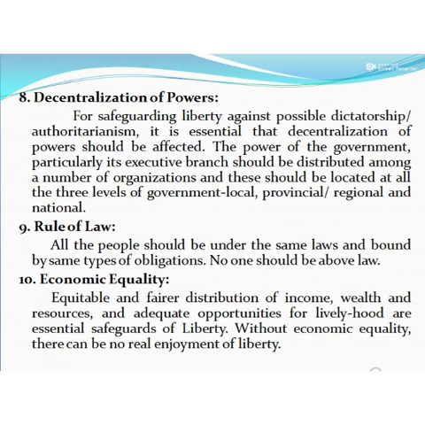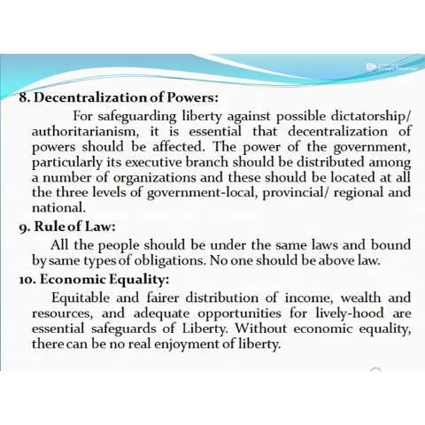Eighthly, decentralization of power. For safeguarding liberty against a possible dictatorship or authoritarianism, it is essential that decentralization of power should be effected. The power of the government, particularly its executive branch, should be distributed among a number of organizations, and these should be located at all three levels like local, provincial, regional or national. Then ninthly, rule of law.